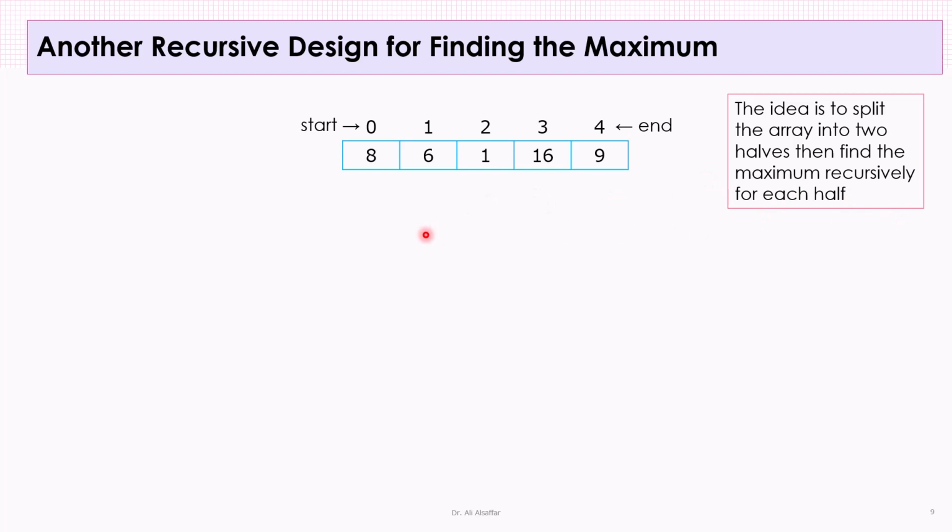In the previous design, we split the array into a sub-array of size n-1 and called the method recursively on it. Now we split it into two halves and make two calls: one recursively on the first half, and another recursively on the other half. The return values from both calls will be compared and the maximum will be selected.